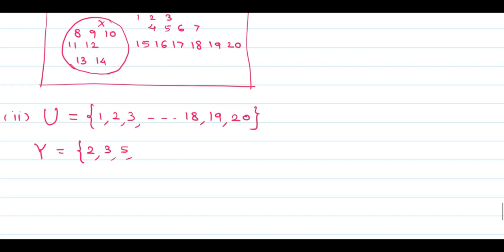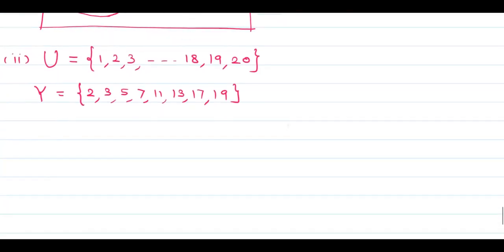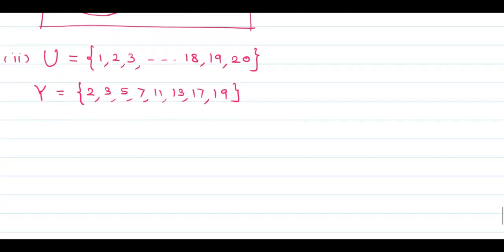Now 2, 3, 5, 7, 11, 13, 17, 19 are the prime numbers. I will show it with the help of the Venn diagram.